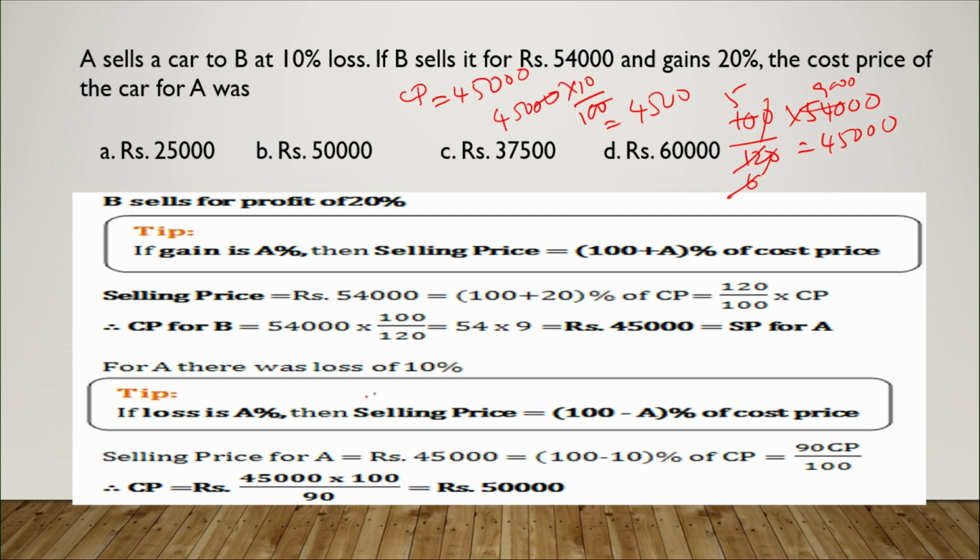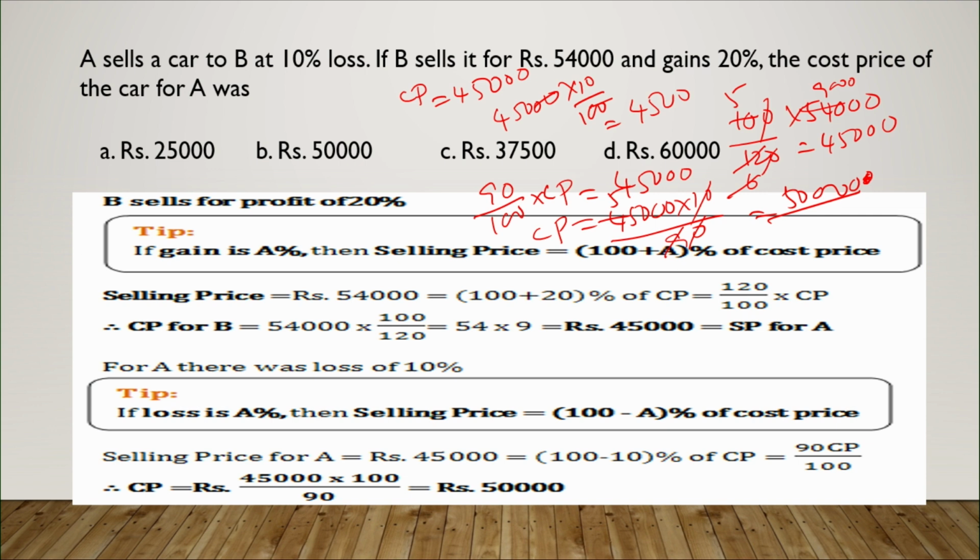So there was a loss of 10%, meaning 90 by 100 into cost price is equal to the selling price of 45,000. So cost price is 45,000 into 100 by 90. The 0 gets cancelled, 9 5s are 45, and you get 50,000 rupees. So the cost price is 50,000 rupees.